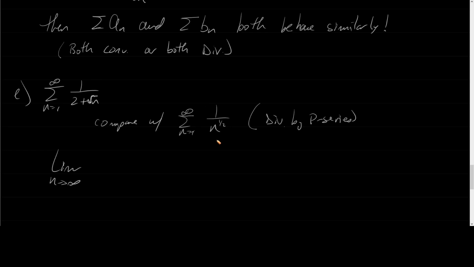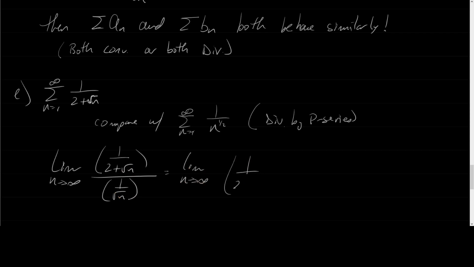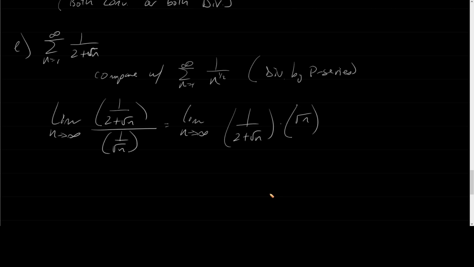In this case, I'll use our original as the numerator, and what I'm comparing it with as the denominator. So I've got a fraction being divided by another fraction, and we know that's the same thing as multiplying by the reciprocal. What is that going to do? We end up with the limit as n goes to infinity of radical n over 2 plus radical n.